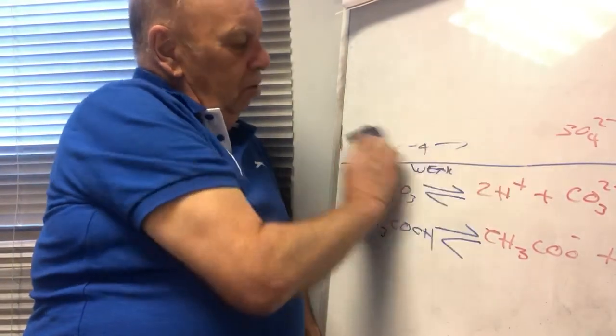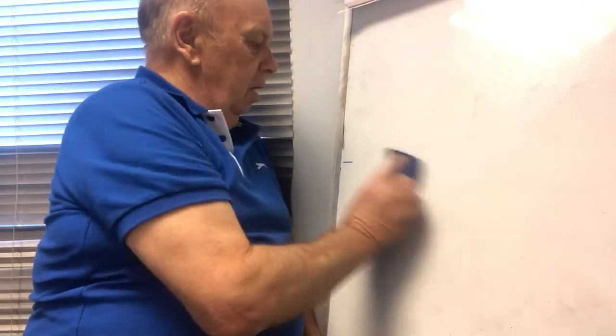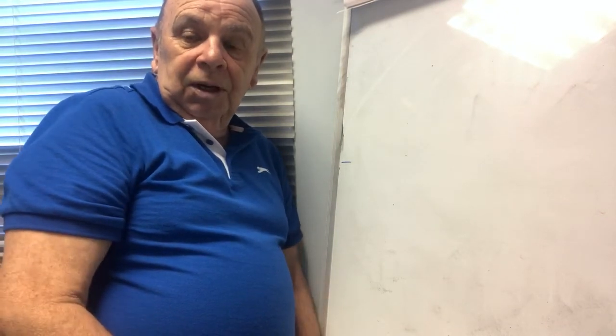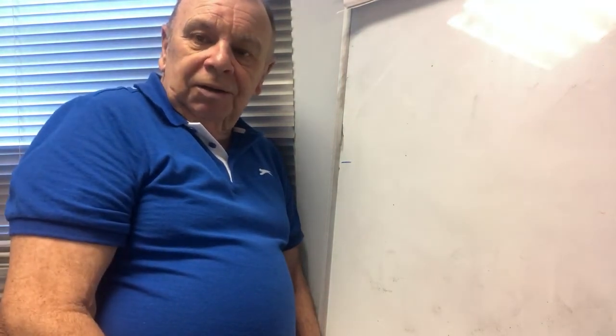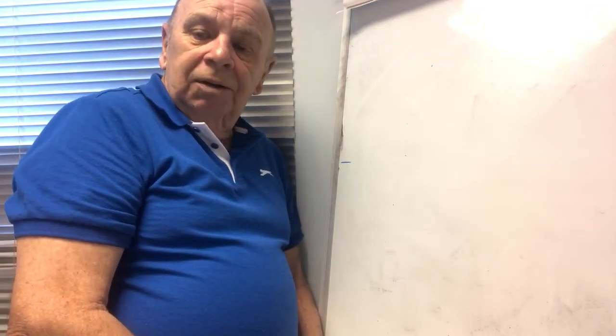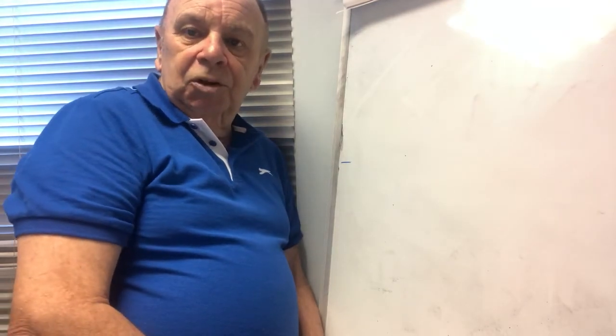How do we know whether something is an acid or an alkali? We use indicators. Indicators are simply dyes which are added to water to produce a solution, and the classic is litmus paper.